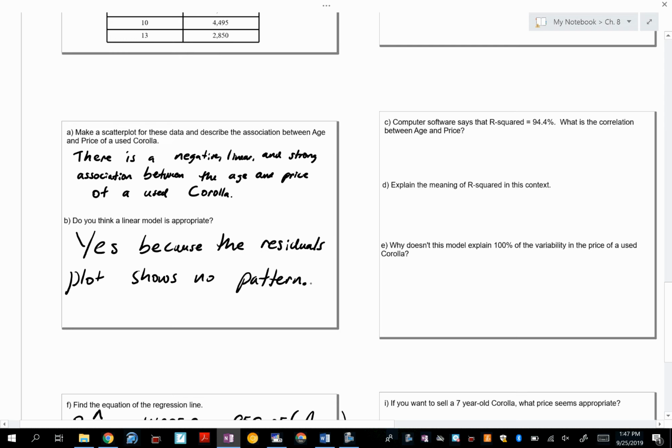No, because it shows a pattern. Perfect. So whichever one you want to write. If there's a pattern, you have to explain it. No, you don't have to. I mean, if you wanted to put there's a parabolic pattern, fine, but you don't have to. You just have to put if it has a pattern or not.